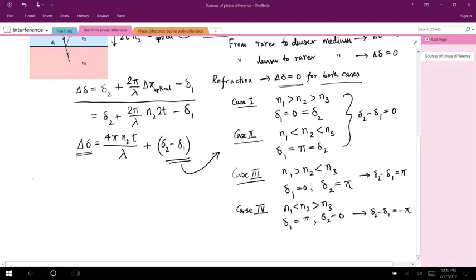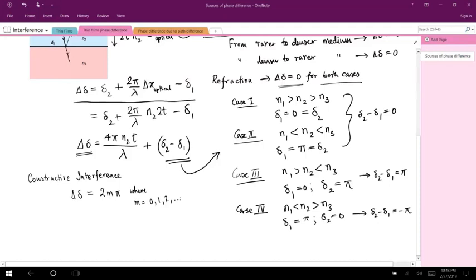For constructive interference, this delta has to be some integer multiple of 2 pi, which means that it has to be 2m pi, where m is equal to 0, 1, 2, etc.